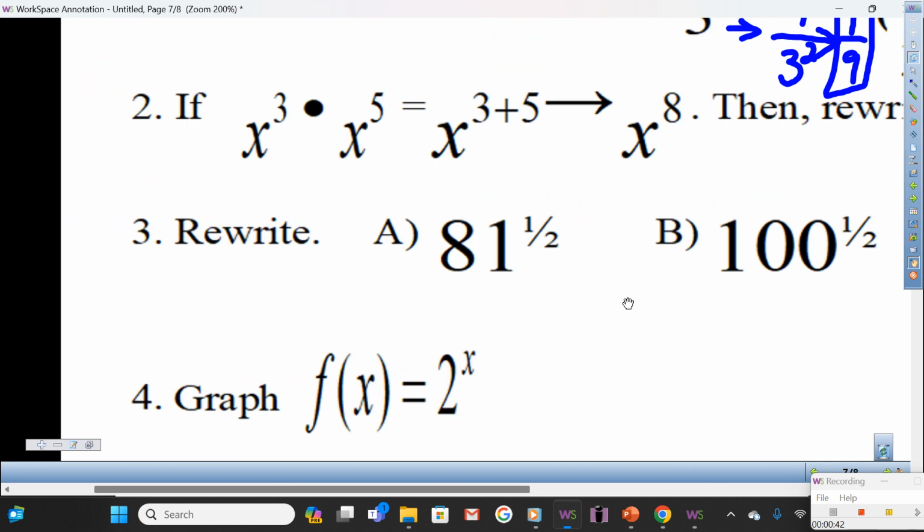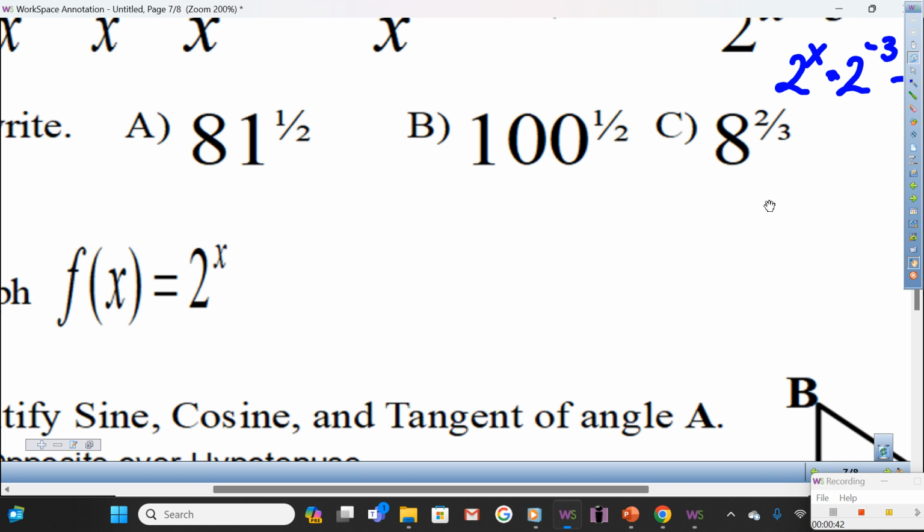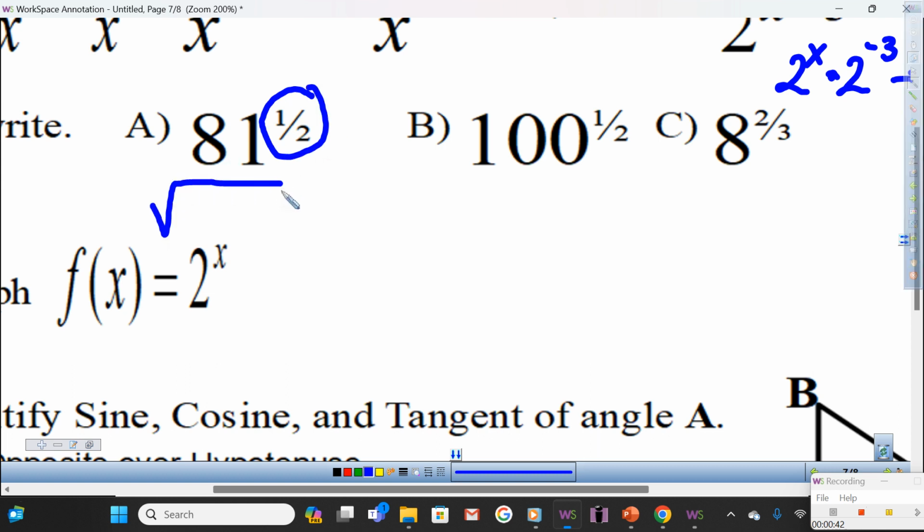All right. Now, I'm bringing these back. These, for example, number 3A, B, and C, we already introduced at the beginning of the school year. I'm bringing them back because I'm doing something else here. So let's see. 81 to the 1/2 is the same as, look up, 1/2 power is the same as square root.